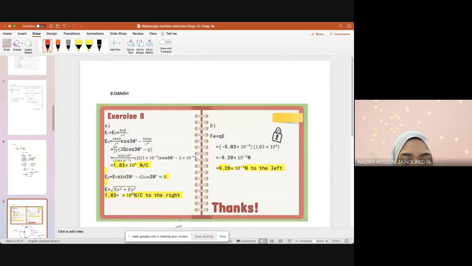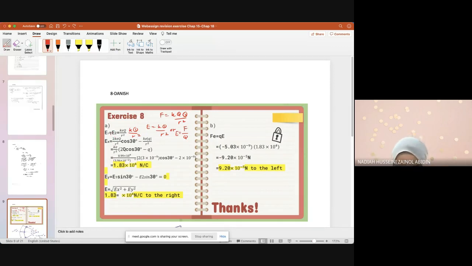E equals KQ over R squared. E's equation is F divided by Q. F is KQQ over R squared. So E is the force per charge, F over Q, so we remove one Q and it becomes E. That is the equation Danish used, KQ over R squared.